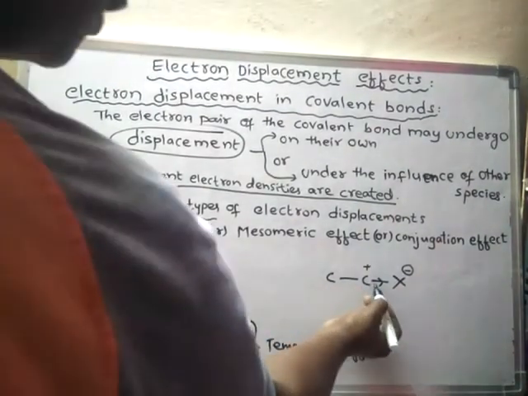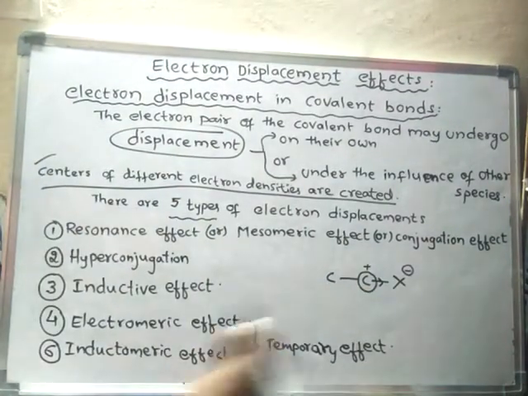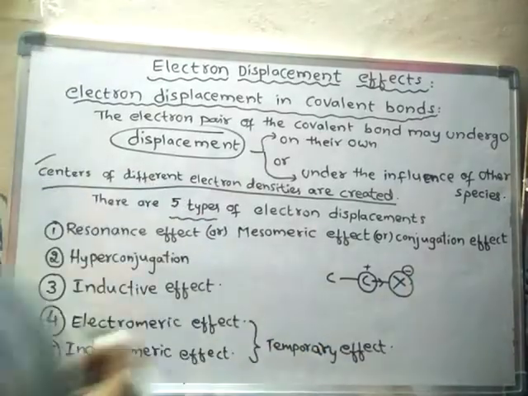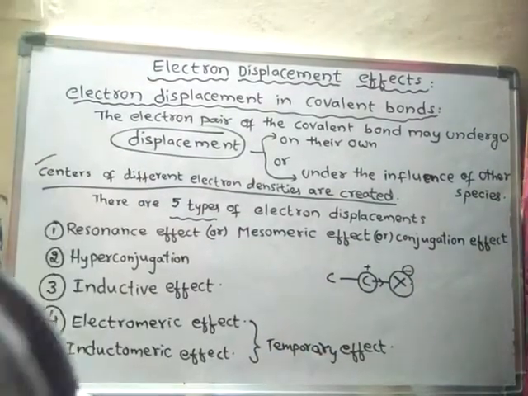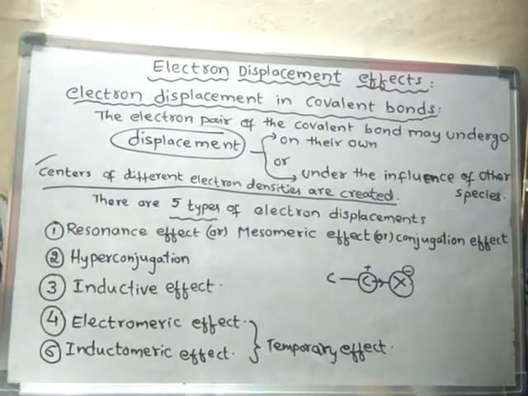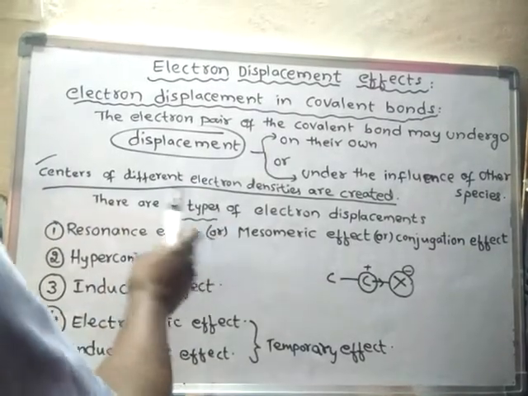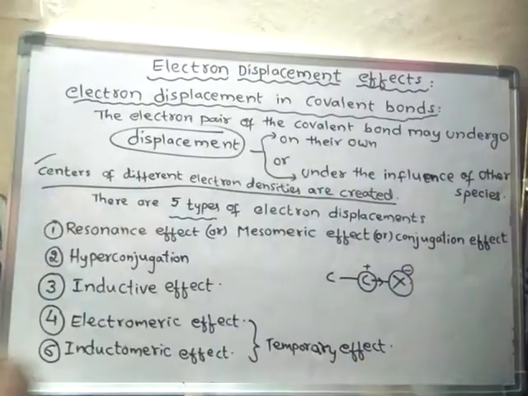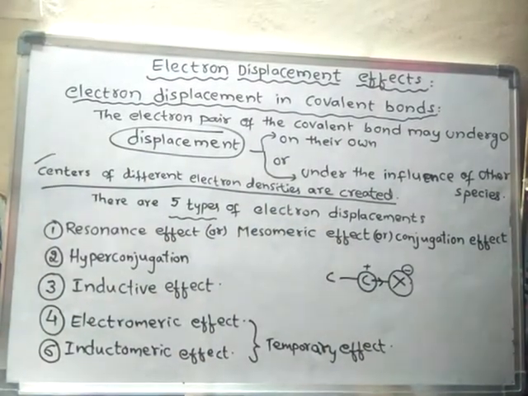That means this center has become an electron deficient center, and this center has become an electron rich center. So there is a difference in electron densities, and centers of different electron densities are created as a result of displacement of electrons.